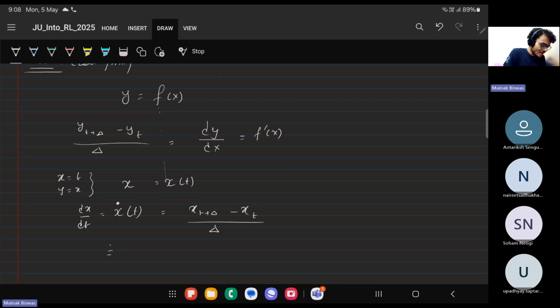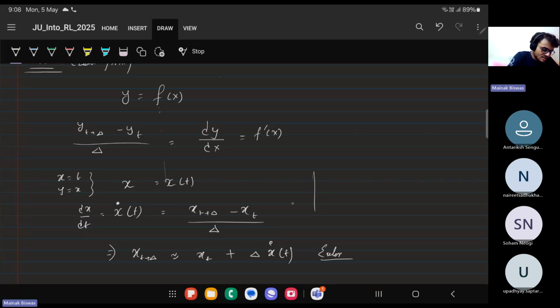This is equivalent to writing x(t+delta) is equal to x(t) plus delta times x dot at t. Do you agree? Fine. Yes, approximately equal. This is called the Euler form.